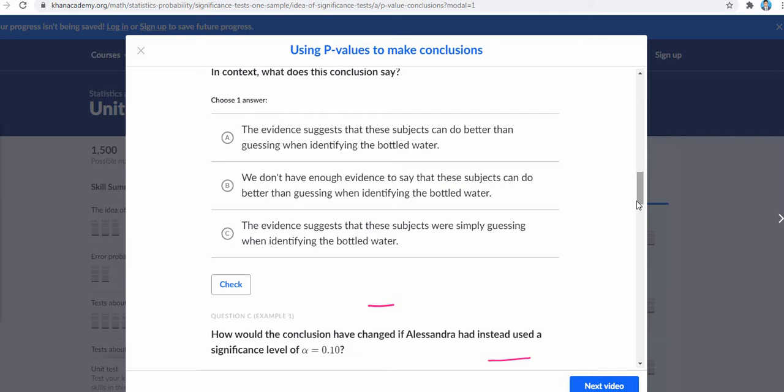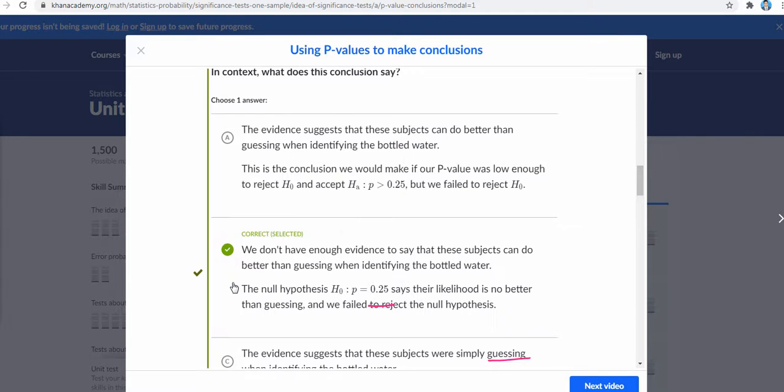This is true because we literally do not have any evidence. C says the evidence suggests that these subjects were simply guessing. There's no proof that they're just simply guessing. Because we failed to reject the null hypothesis based on the p-value, we will say that we do not have enough evidence. Let's check, and that's right.